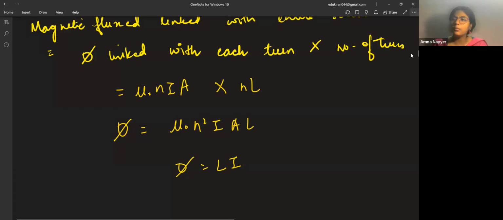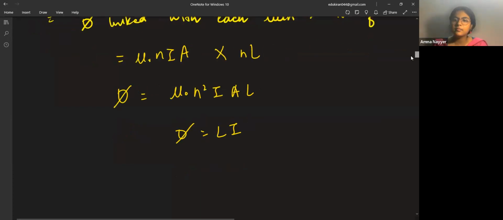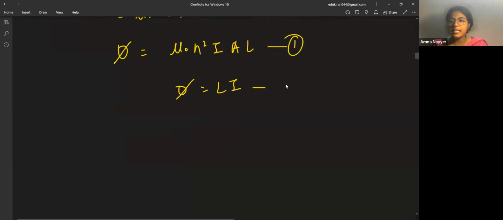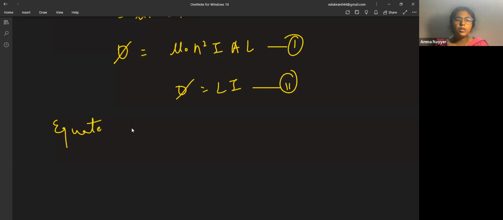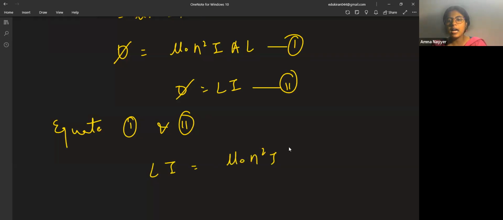Now phi is equal to L i. So let's equate both of these. See class, this equation and this equation are both the same ultimately. You can equate both of them, equate 1 and 2. So you have L i equal to mu naught n square i A l.